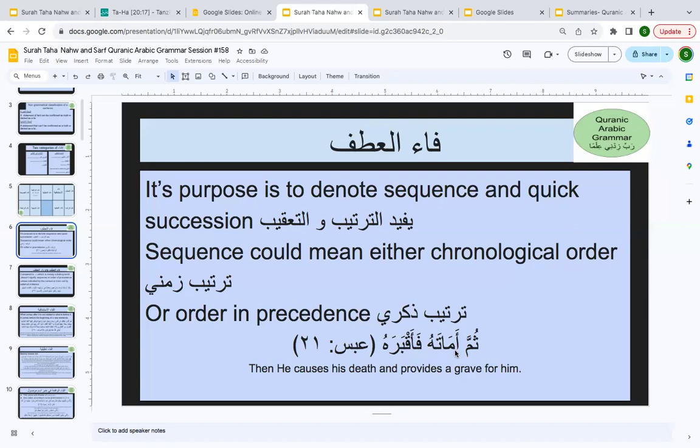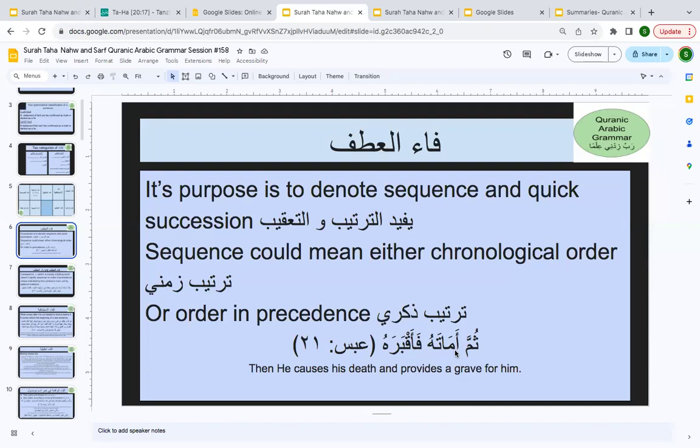فَمُحَمَّدٌ. What do you understand? جَاءَ زَيْدٌ فَمُحَمَّدٌ. Zaid came, then Muhammad came. Make sense or no sense? First Zaid came and then Muhammad came.